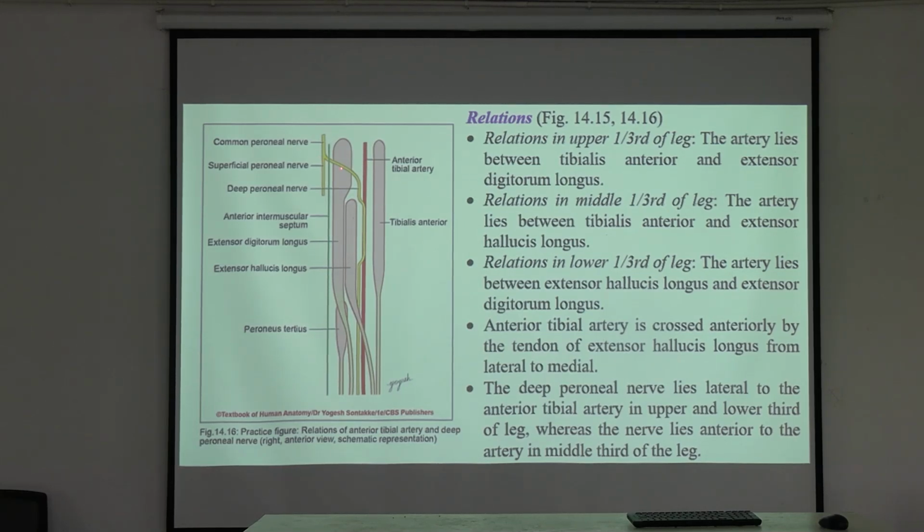Okay, this deep peroneal nerve remains lateral, then it tries to cross the artery, then it goes lateral to it. Okay, and ultimately in the foot it will divide into two branches, one medial branch and one lateral branch.